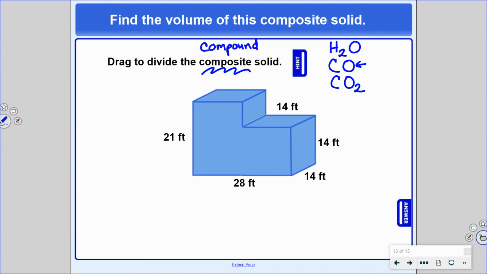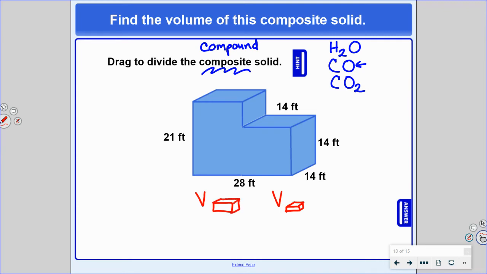All those are compounds. Why? Because they're made of 2 or more elements. In like manner, we have to be able to eventually cut up a figure and see that we have one big shape, the volume of this prism, another smaller shape, the volume of that prism.